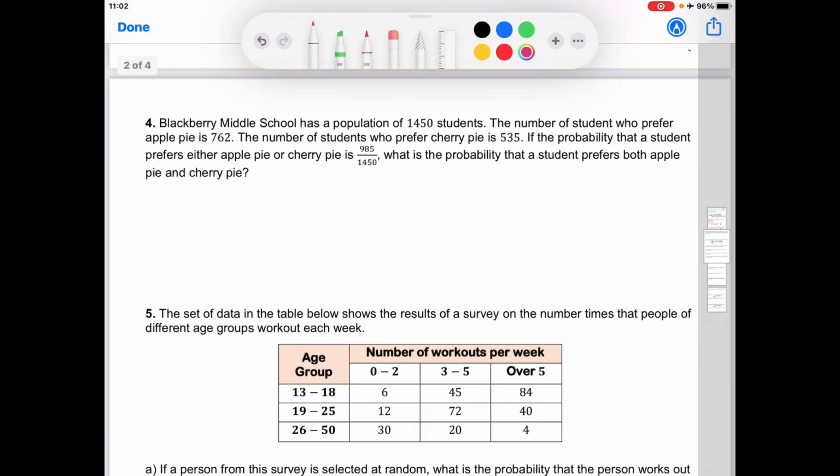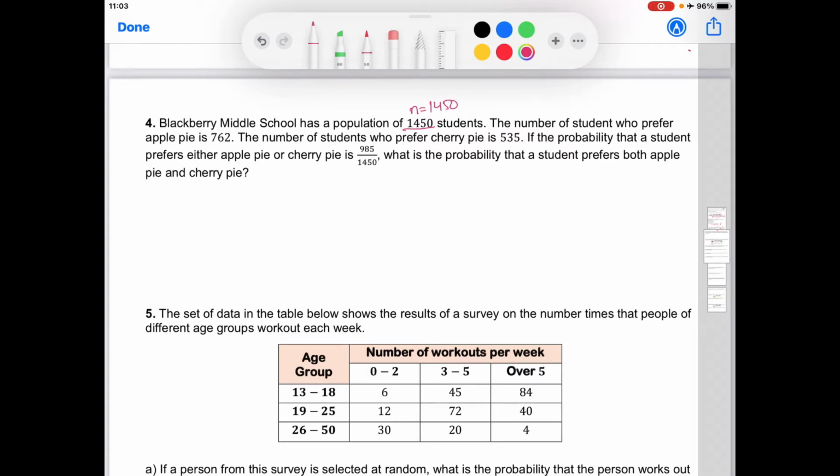Number 4. Blackberry Middle School has a population of 1450. So what does that mean? My N is 1450. My sample space is 1450. As I go along in the questions, you need to start writing it down. The number of students who prefer apple pie is 762. See, we're working with probability. If I said number of students, then that's right, 762.